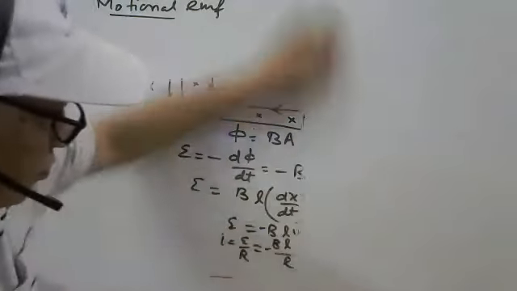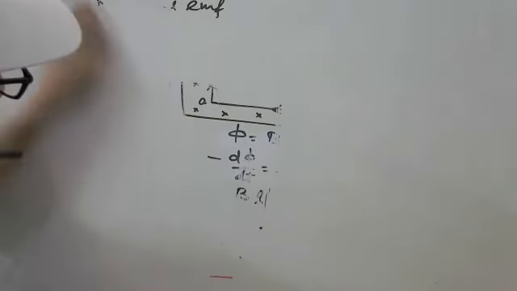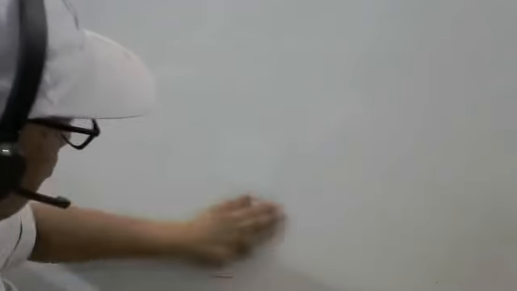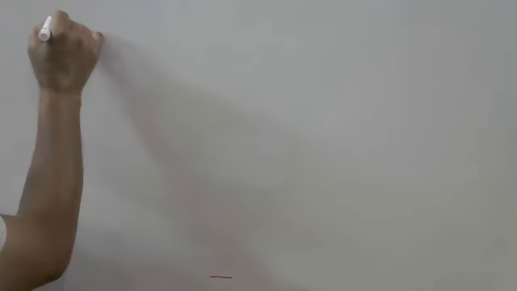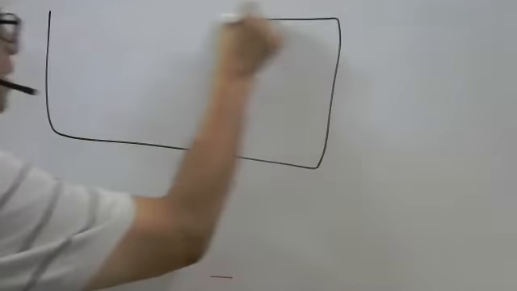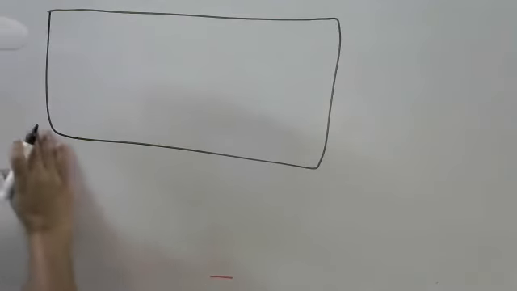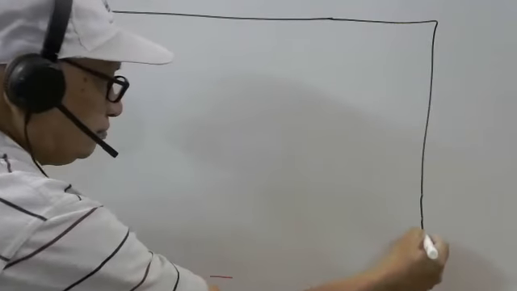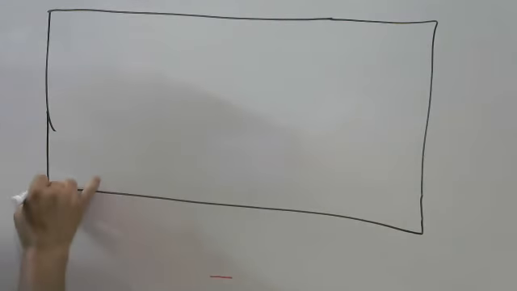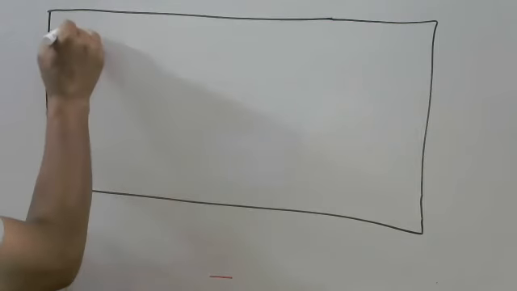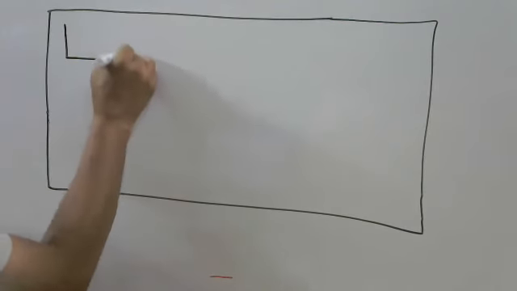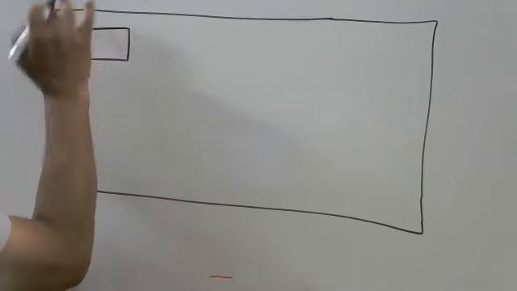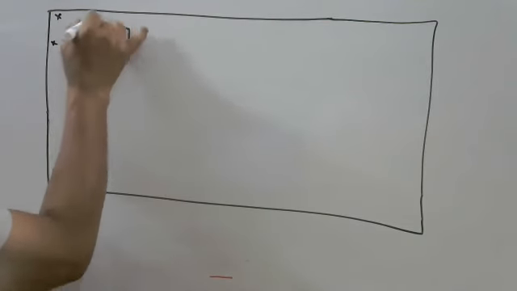Suppose we are taking a very large area of the magnetic field like this, and suppose this is the coil ABCD, and here we have taken the cross field everywhere.